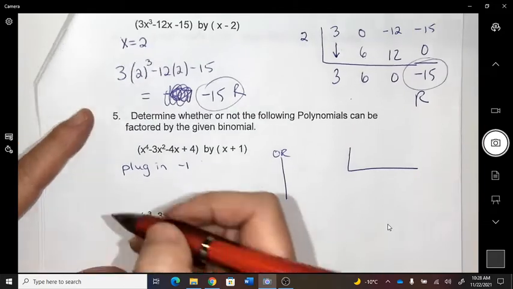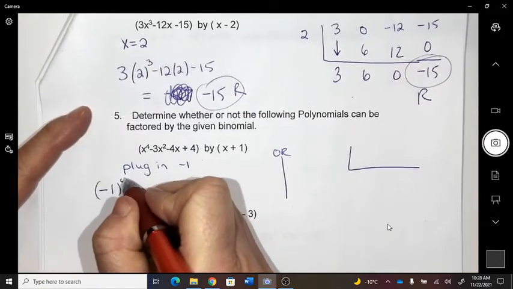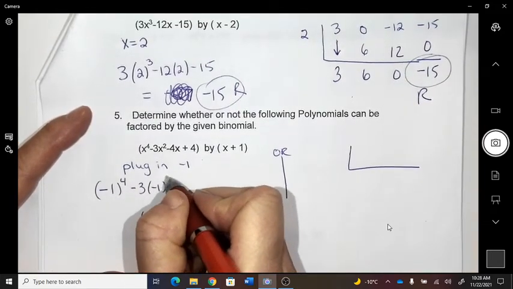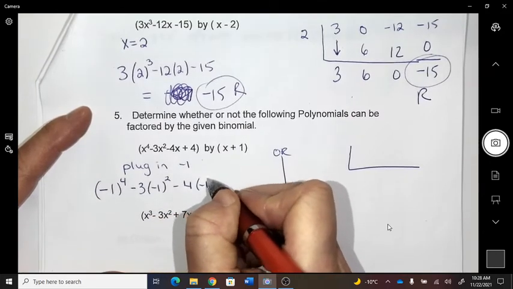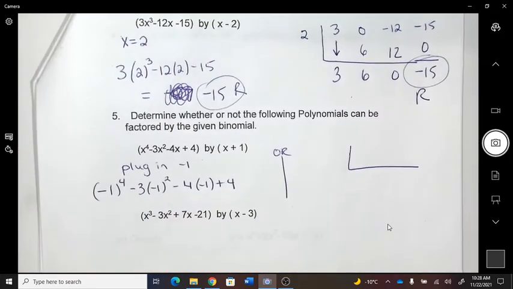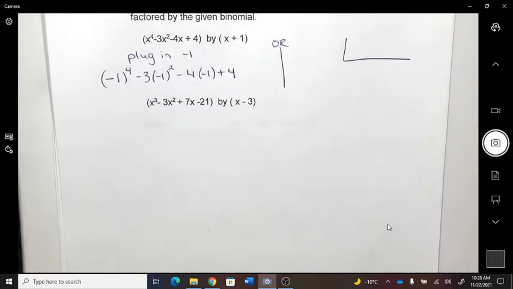So plugging in a negative 1 would be like that. Just making sure that I'm typing it in properly.